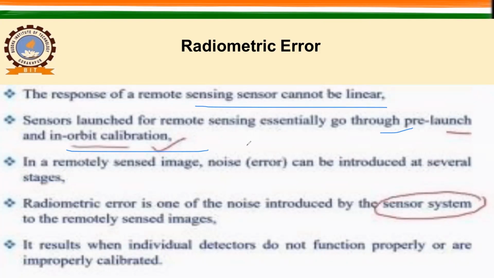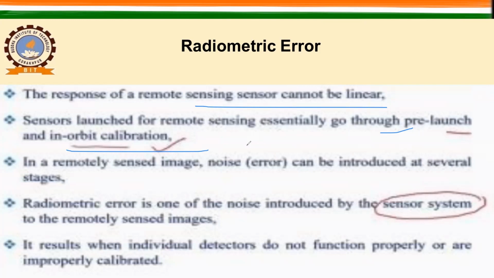So before launch also, we calibrate this, and after launching it in space, we again recalibrate, or we match with the pre-launch measurement, to see whether it remains the same or it has changed because it has traveled so much distance.